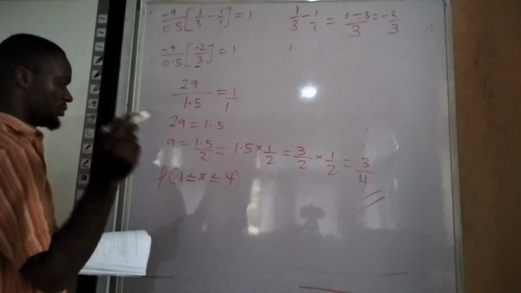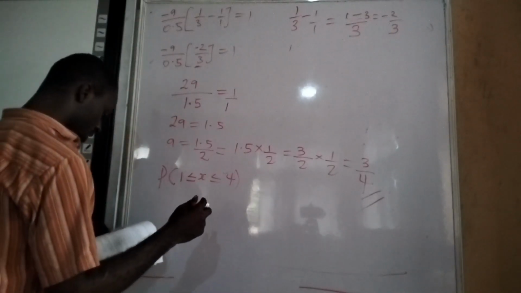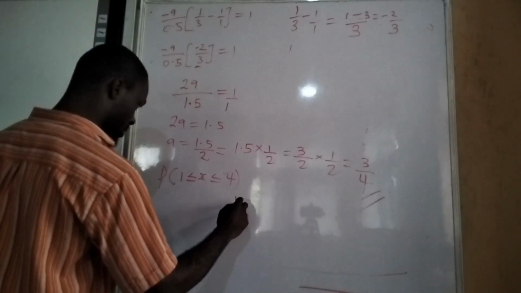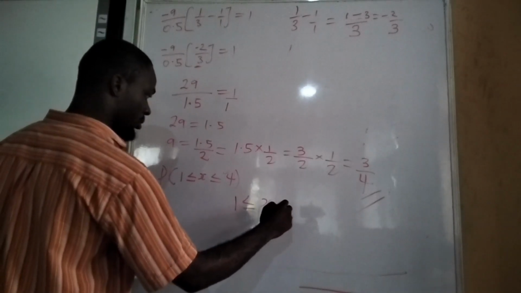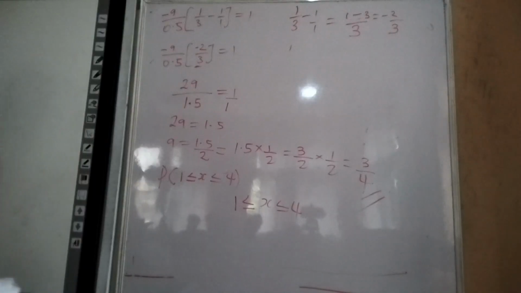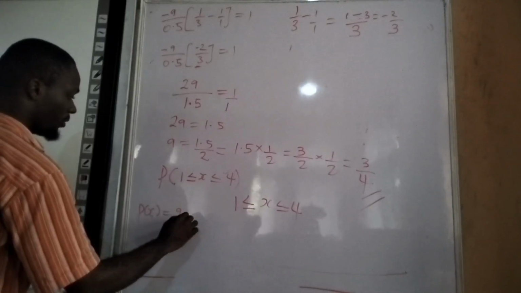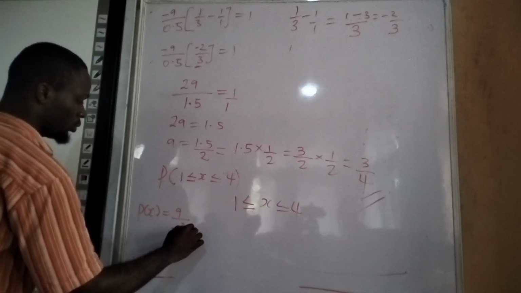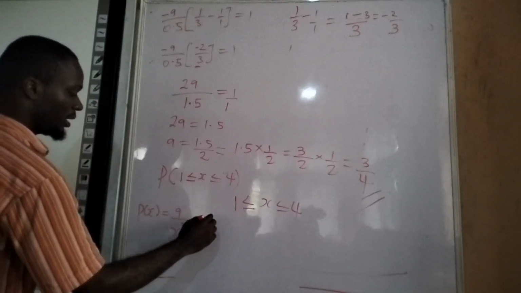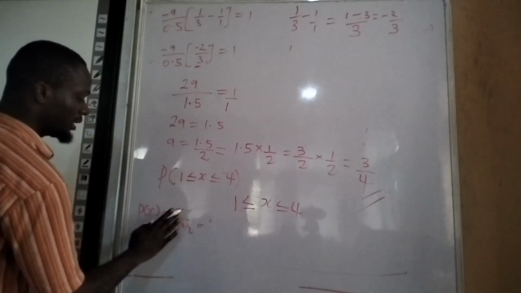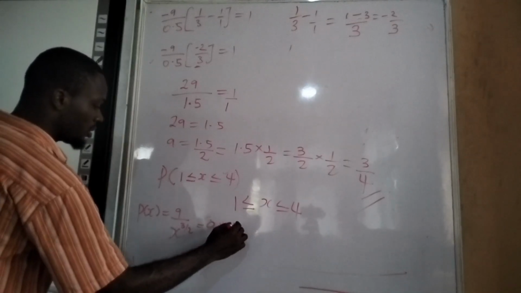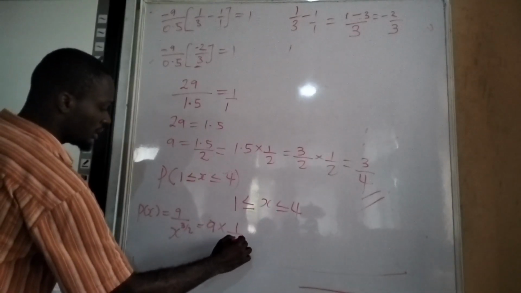That's what we did before, and we're given the range of S. So since we now know A, remember that our P of X was equal to A over S to the 3 over 2. So please put A here, we have 3. You can write it as A times 1 over S to the 3 over 2.